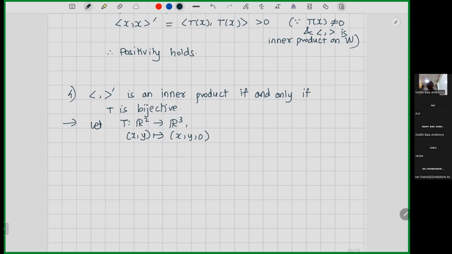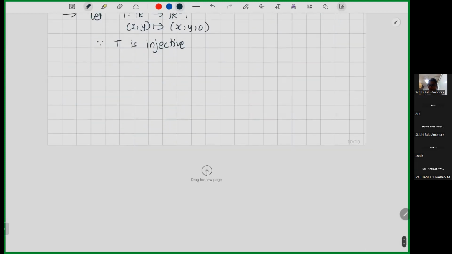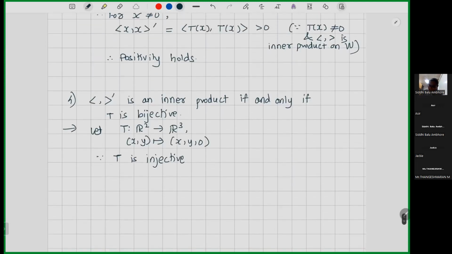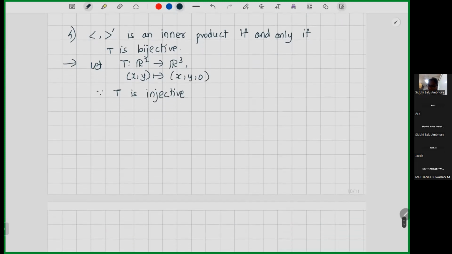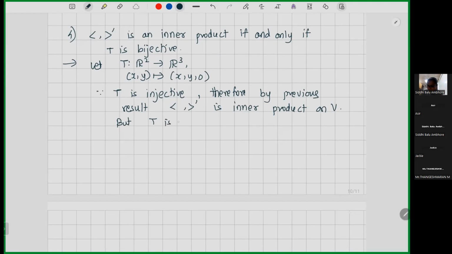So since T is injective, by the previous result, this is an inner product on V, but T is not bijective.